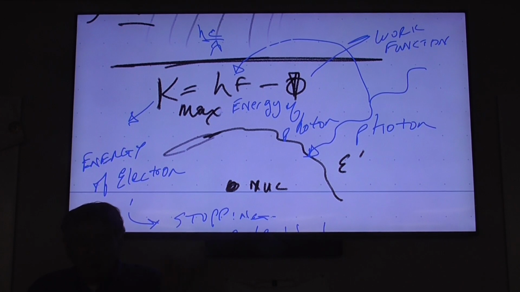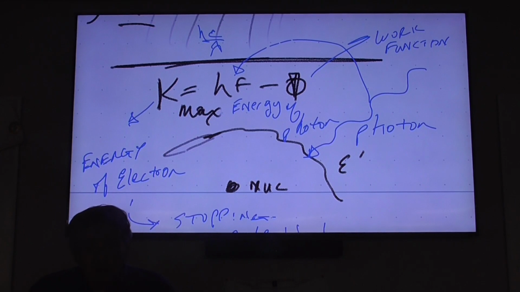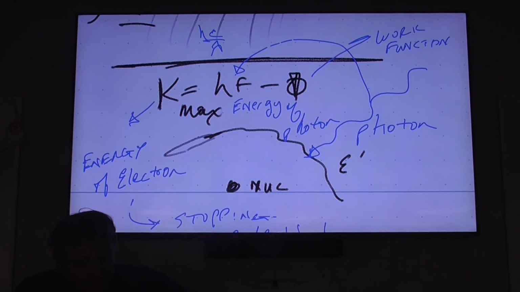Let's think of this in another way, in terms of stopping potential. Again, if you look at what you can measure, you cannot see these individual photons, and you cannot see the individual electrons. But what you can measure is current.